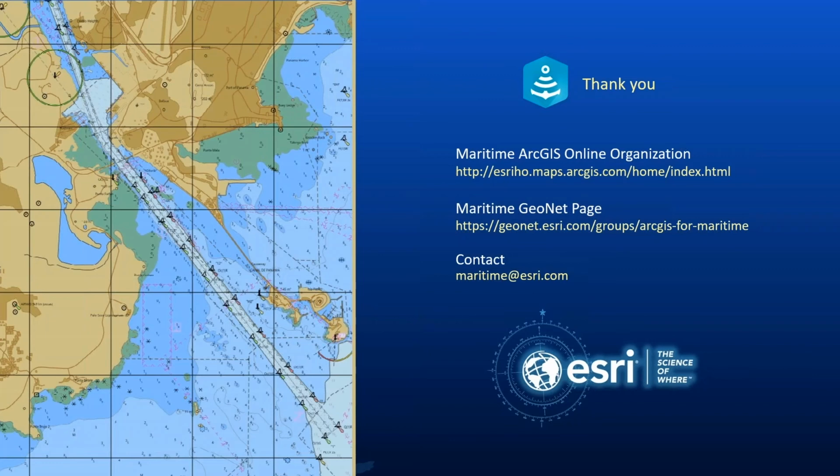Okay, great, thank you. The next question we have, does ArcGIS Maritime Server support S102 datasets? ArcGIS Maritime Server doesn't, but ArcGIS does. I've actually already downloaded data from CHS, the Canadian Hydrographic Service. They published some S102 datasets, and I was able to download those, bring them into ArcGIS Pro, and publish those as a service.